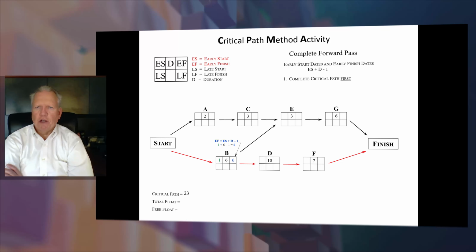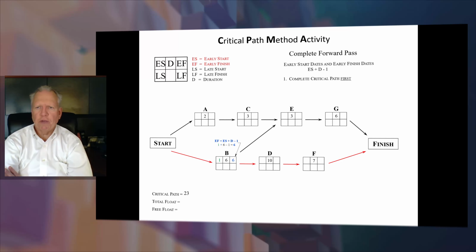The reason is because you want to do it based on calendar days, and the calendar day does not have a 0 day. They'll ask you what is the finish date or the start date for D, or what is the finish date for E. So what is the start date for B? It's going to be day 1, not a 0 day, because your calendar does not have a 0 day.